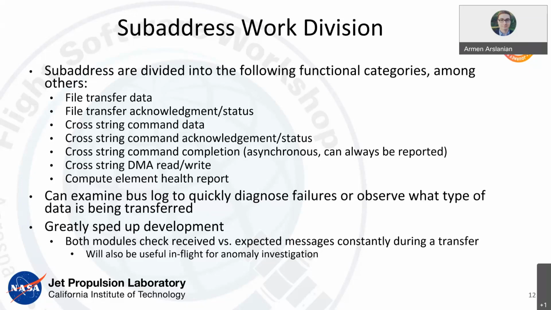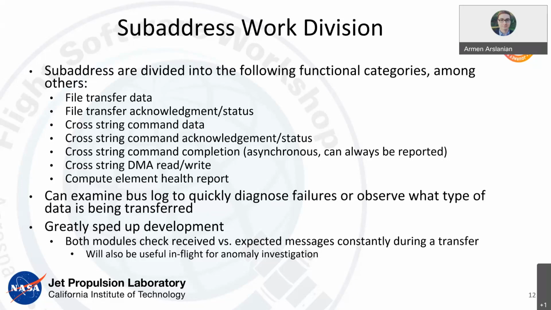And it also sped up development because of the same reason. And our whole scheme about checking received versus expected messages on both the primary and backup strings also sped up development. And we hope that this will be useful for in-flight anomaly investigation as well.